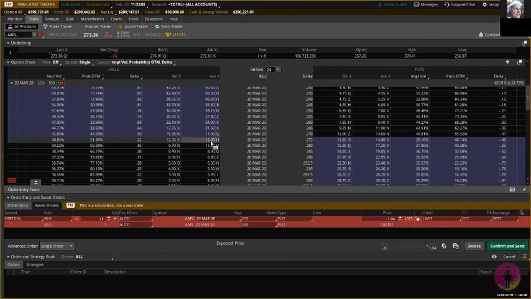Right. Which is more expensive, the buy or the sell? The buy is more expensive. Right. Here it's 15 and here it's 13. So 15 is more expensive to buy than to sell.